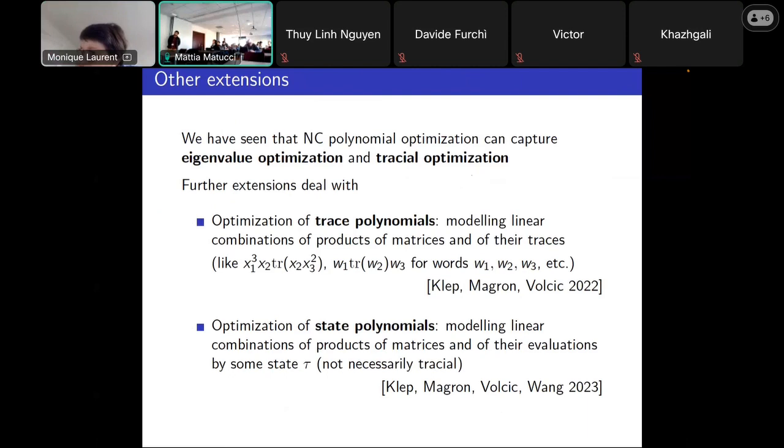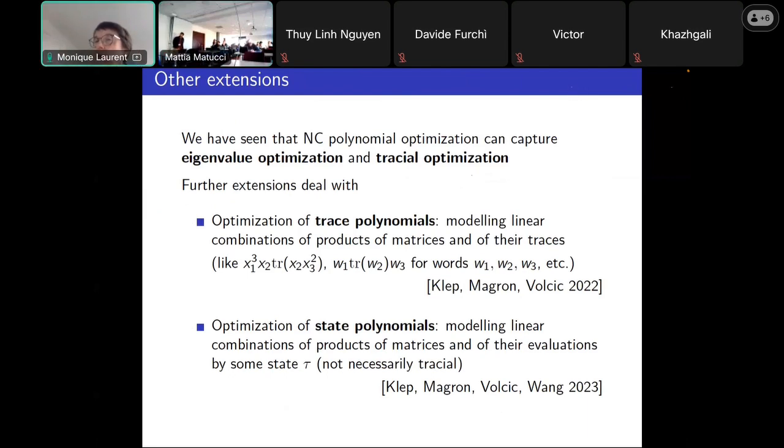It feels kind of different from the real algebraic geometry side. So I was wondering what theory is used to prove that certificate of non-negativity in the non-commutative setting.